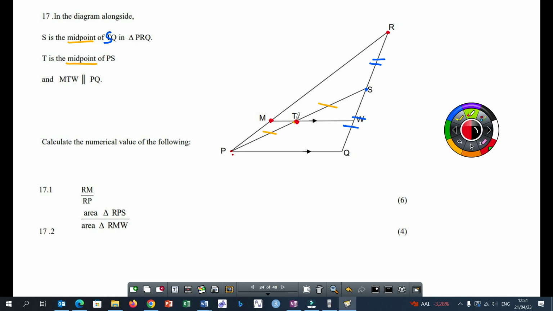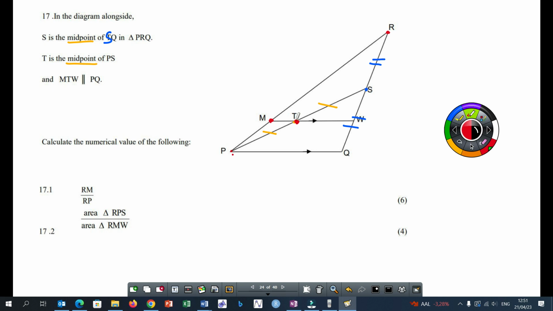But it's also important to be aware that in triangle PSR, I can apply the midpoint theorem or the converse, if this line is parallel, but in this case we are not told that it's parallel to RS. Therefore, we cannot apply the midpoint theorem or the converse.